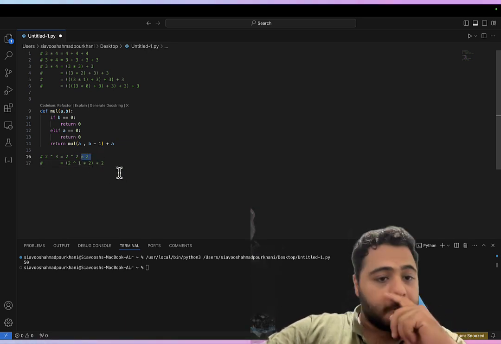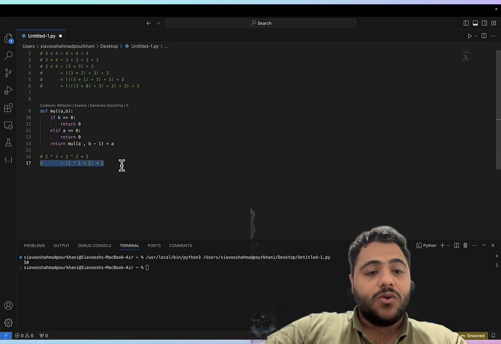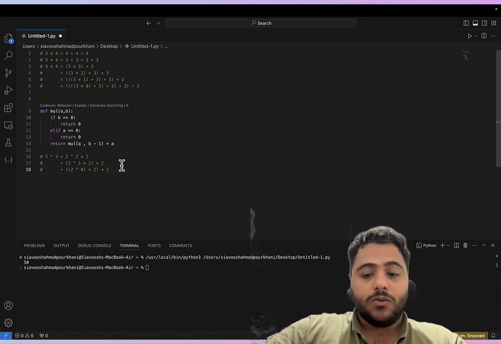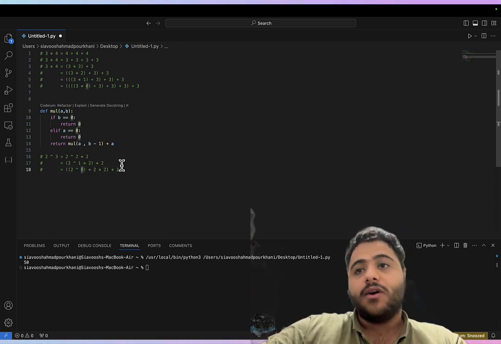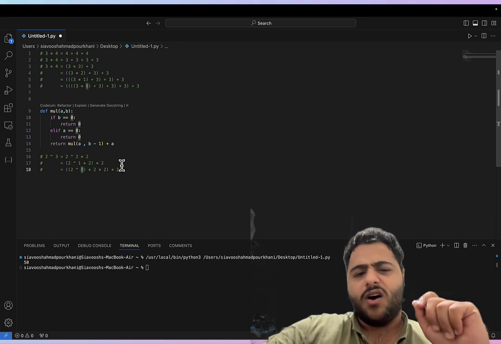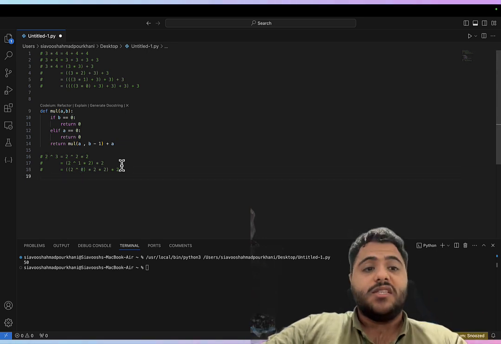And if we go all the way, just another level inside, to the power of 0 times 2, and anything to the power of 0 is equal to 1 by the definition.